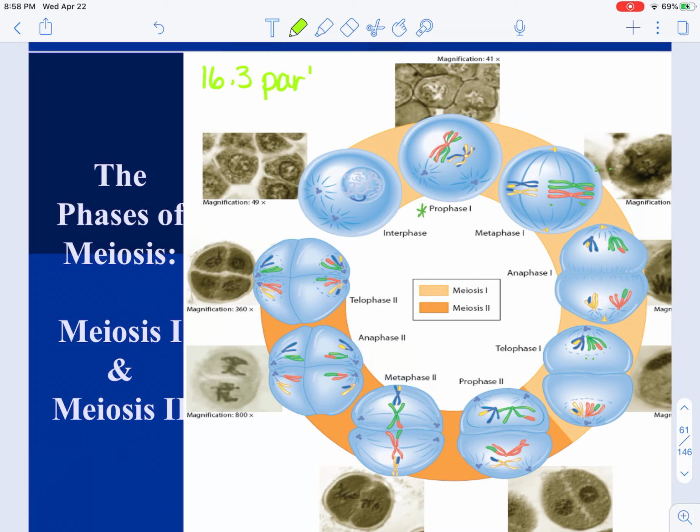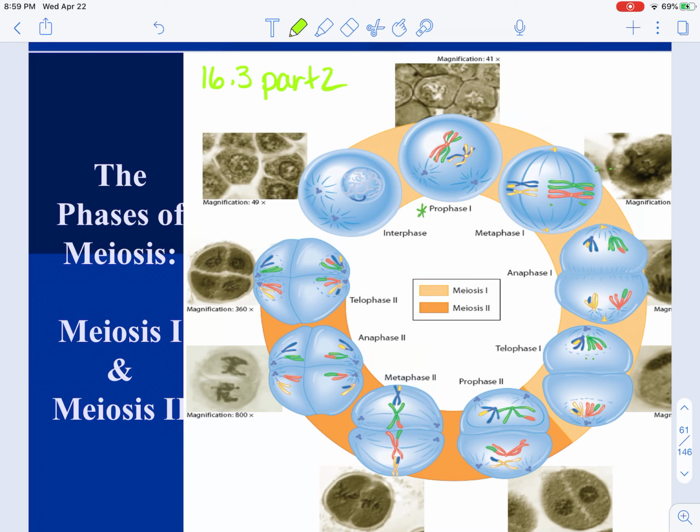Hi Bio30. This lesson is 16.3, part 2, looking at what could go wrong when meiosis has division of chromosomes that does not end up dividing them equally.